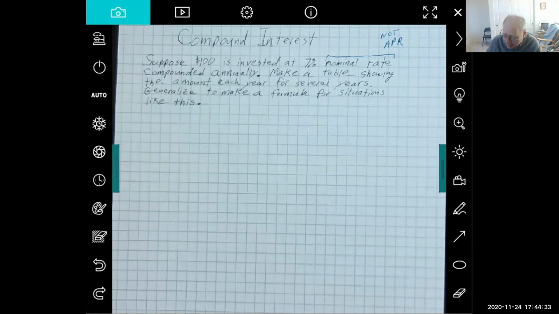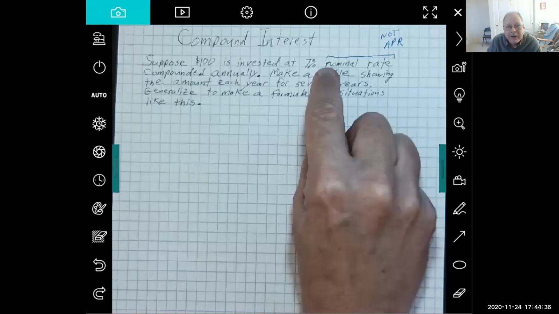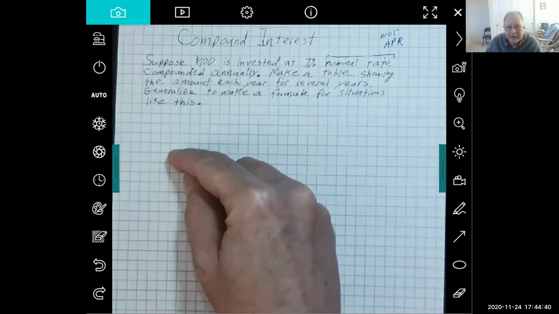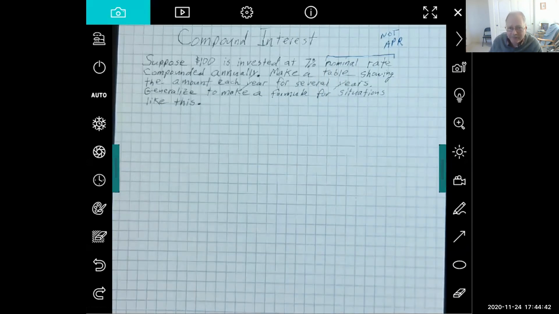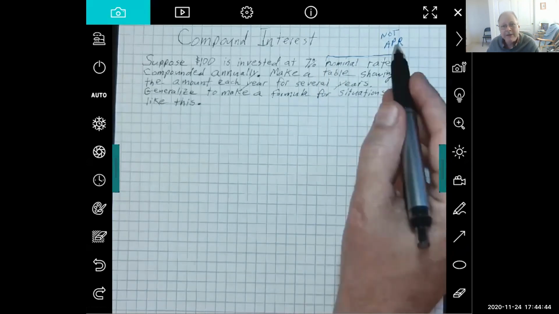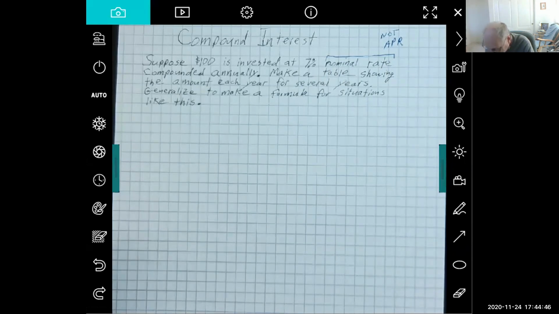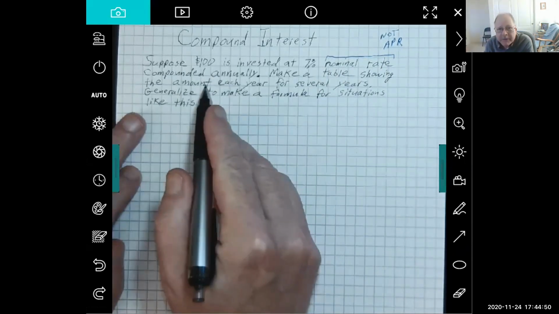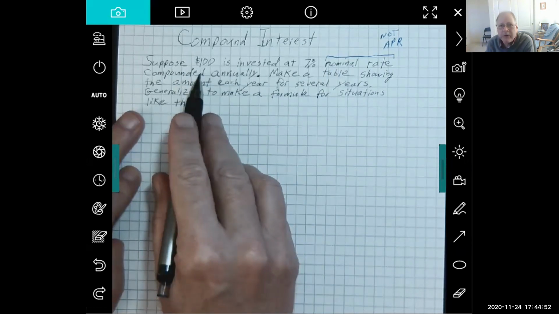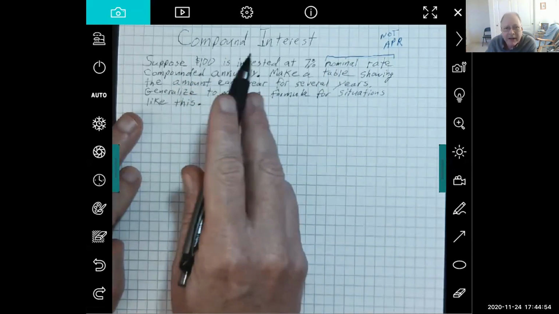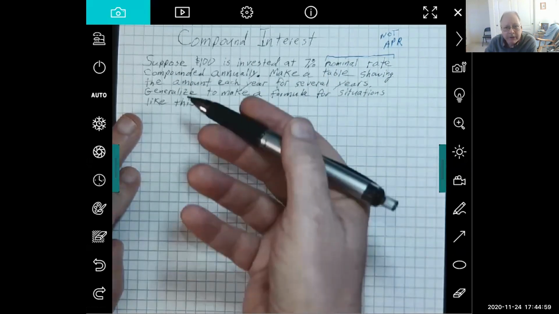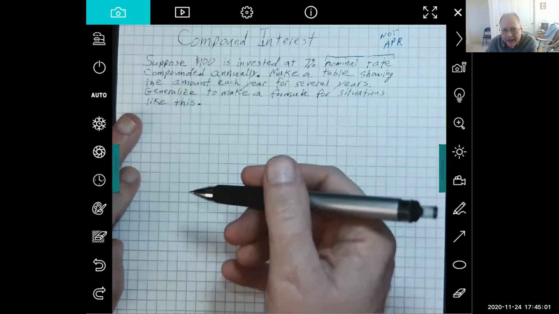And instead of trying to tell you what nominal rate is in a definition, I'm going to show you with the calculation, and you'll see what this is, and then you'll wonder what that is, and we'll come to that later. Okay. And so, the approach I'm going to take is I'm going to work this one example with specific numbers, not variables. But then I'll generalize from that and say, well, what if it was not $100?